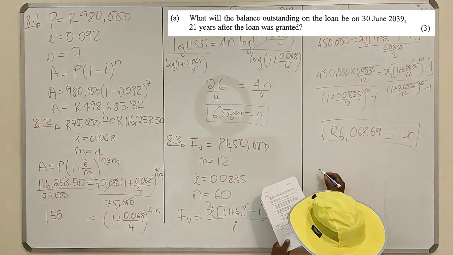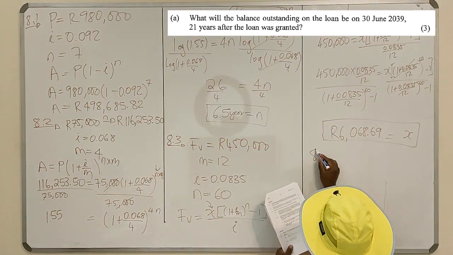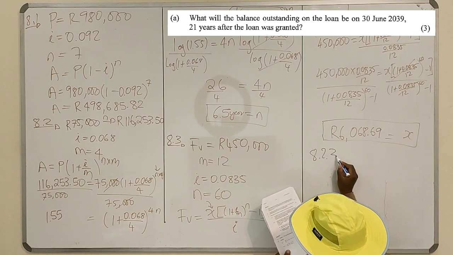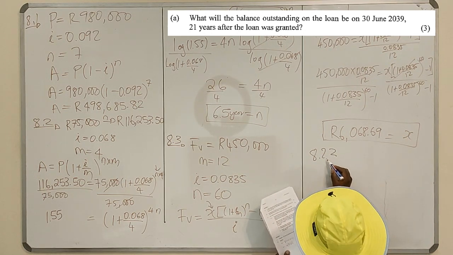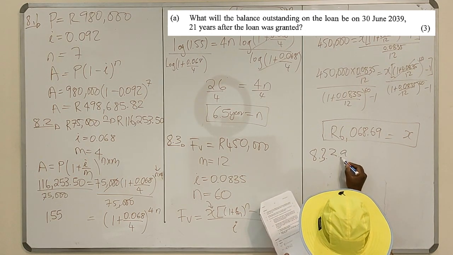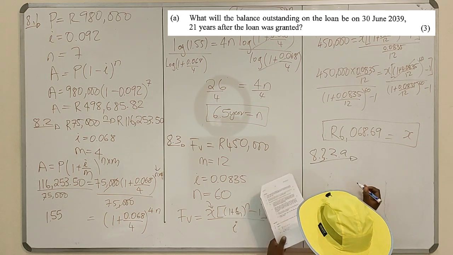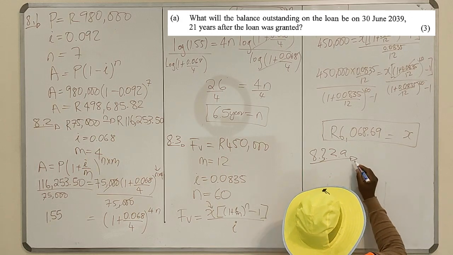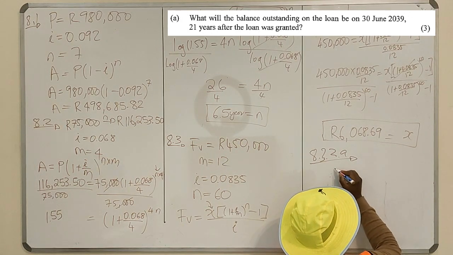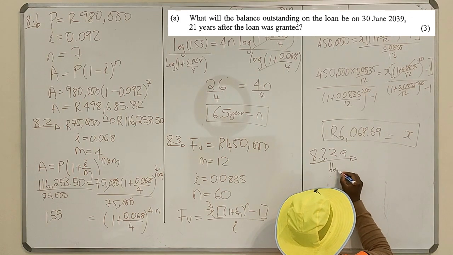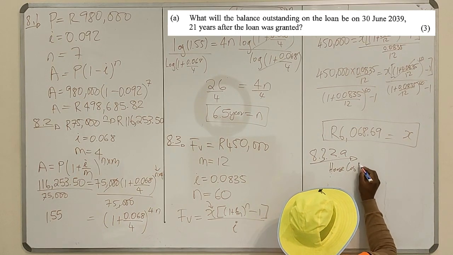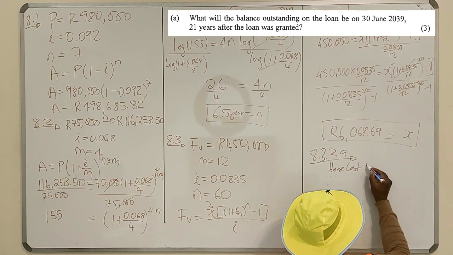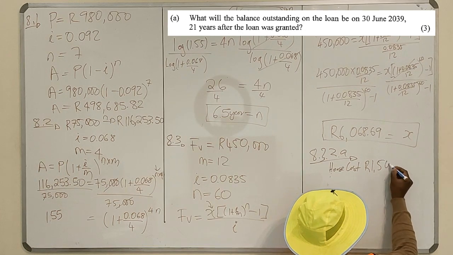So this is 8.3.2a, right? Our friend bought his house. The house cost is 1.5 million, right?